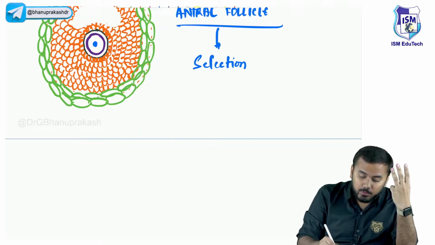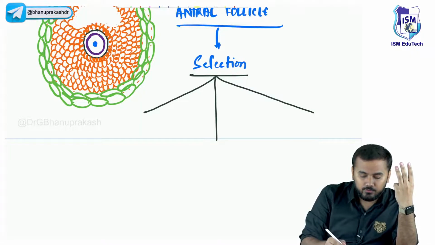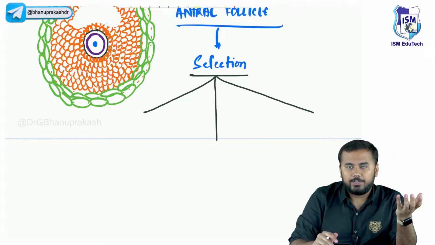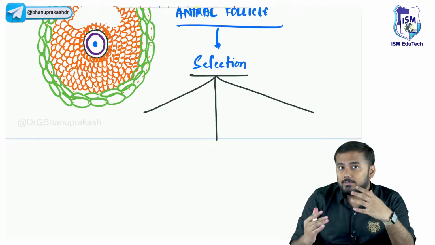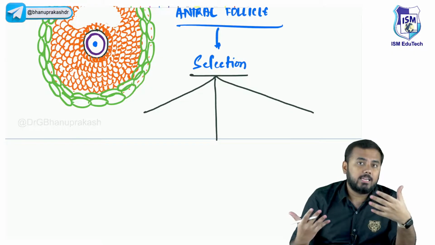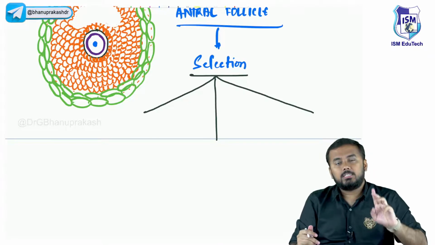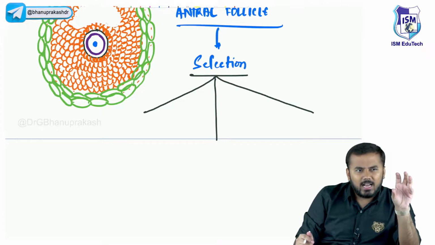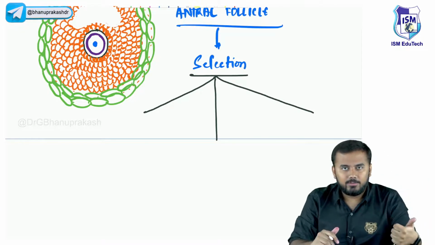Selection will happen based upon three things. There is an article on a very famous website called ResearchGate, in which they say there is no clear mechanism till date on what basis the selection happens, but they believe that selection happens on three important things. One is based upon the size. If the size is small, it is not selected. If the size is well enough, it is selected.